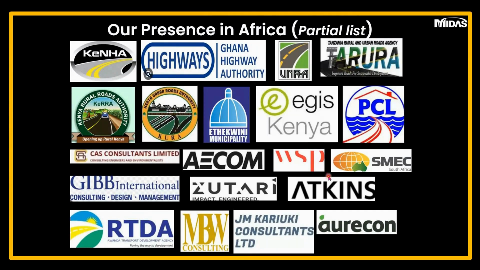Okay, like Kenya Rural Roads Authority, Kenya Highways, okay, UNRA, Tanzania Rural and Urban Roads Agency, okay, Ethiopia, a municipality in South Africa, and some private users like AECOM, Zutari, Gibb, Atkins, and others. So they are using one or the other MIDAS software solutions.